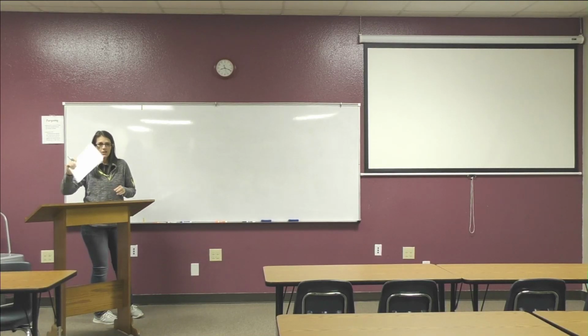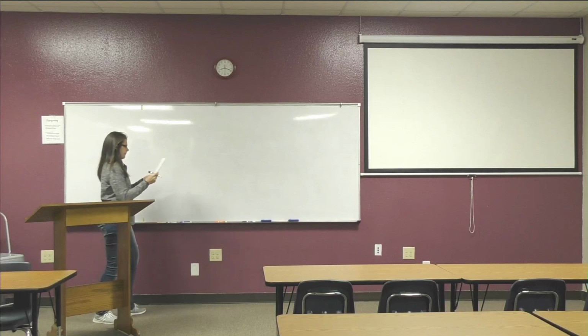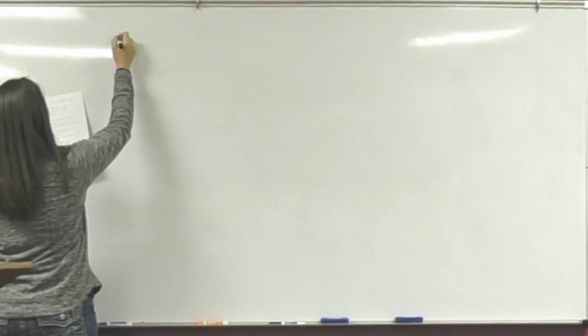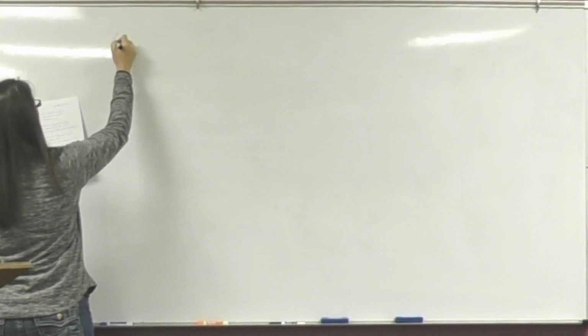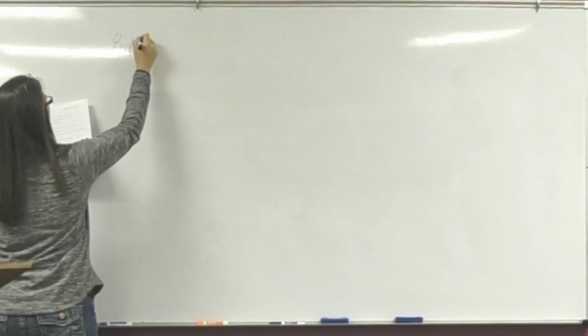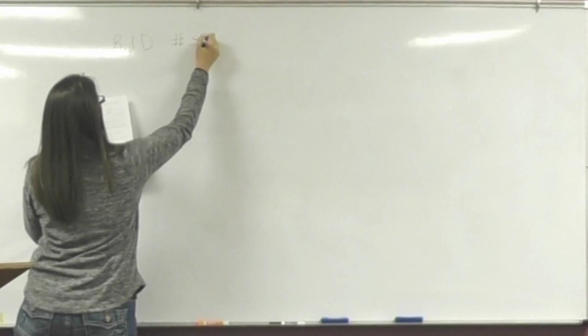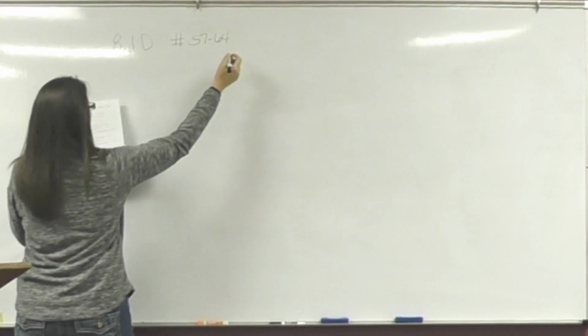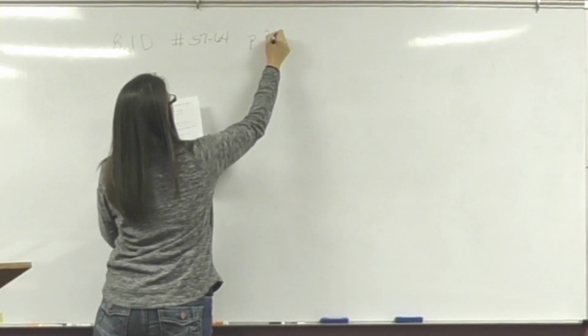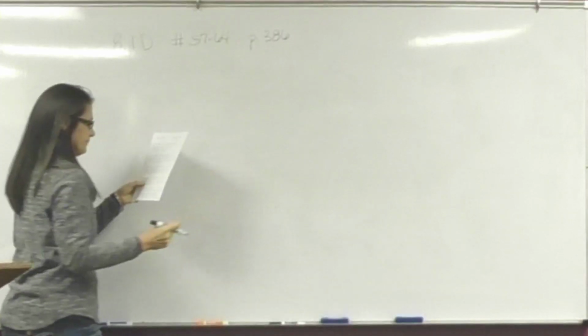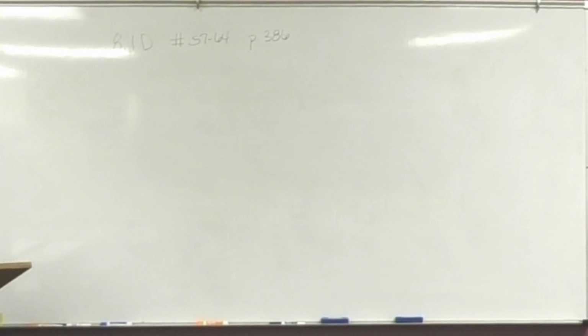So you can see on your sheet here for Thursday, your assignment today is 8.1D, numbers 57 through 64 on page 386. So turn over to page 386.